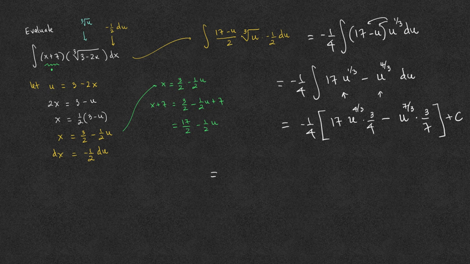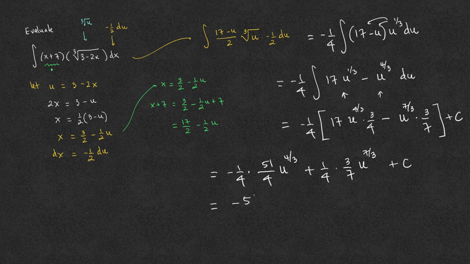We then distribute the negative 1/4. Negative 1/4 times 17 times 3 over 4 is negative 51 over 16, u to the 4 over 3. Negative 1/4 times negative 3 over 7 is now positive 1/4 times 3 over 7, which is 3 over 28, u to the 7 over 3 plus c.